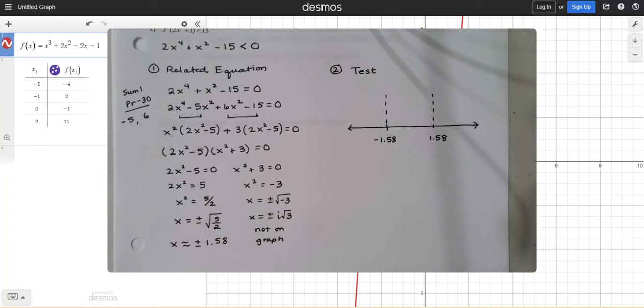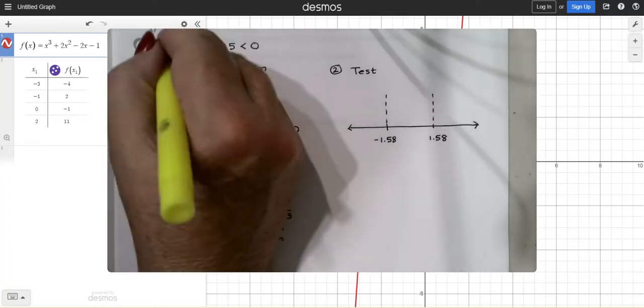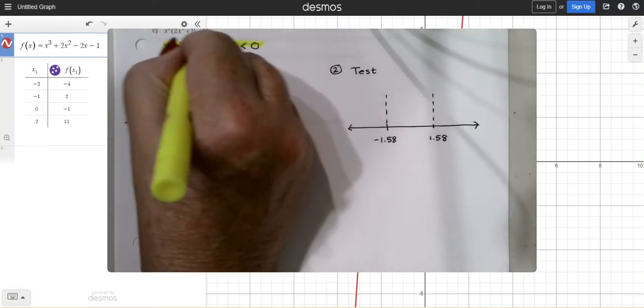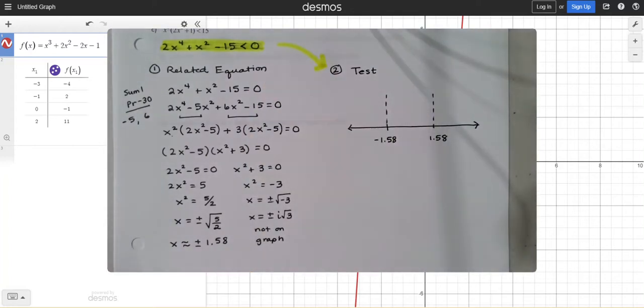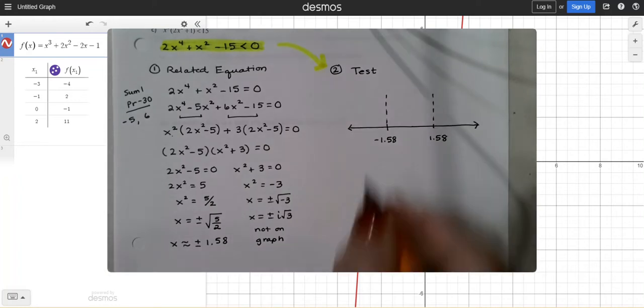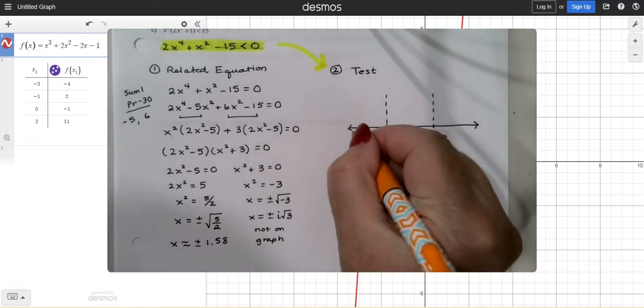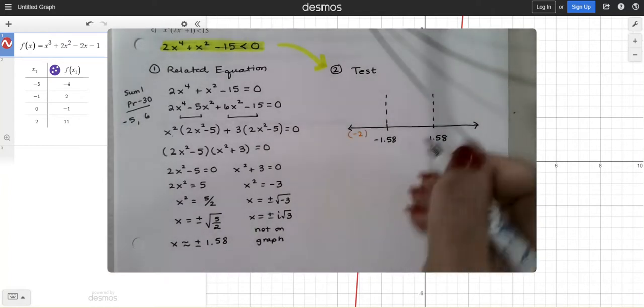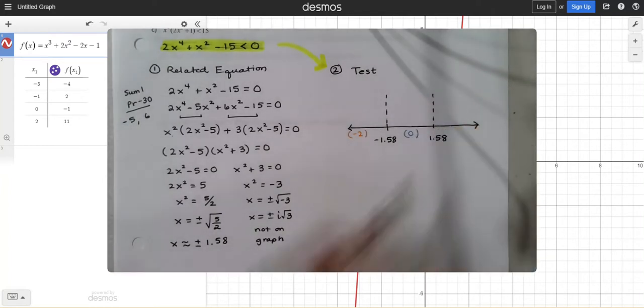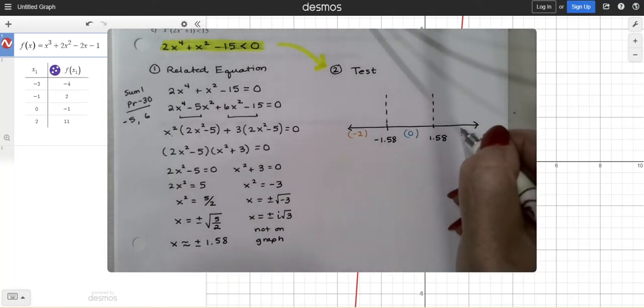And remember that when I pick my test values, what I'm testing is to see if this inequality is true. All right, let's pick a few numbers. I'm going to go with negative 2. And in the center here, I'm going to go with 0. I always like 0. And then maybe I'll just go with positive 2 up here.